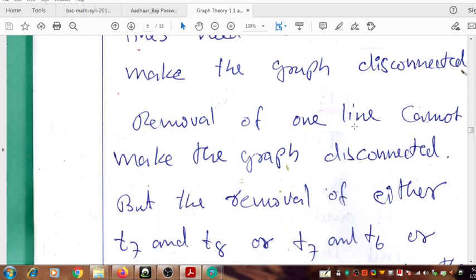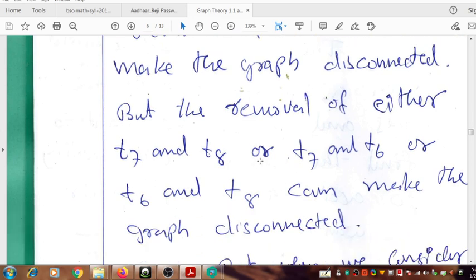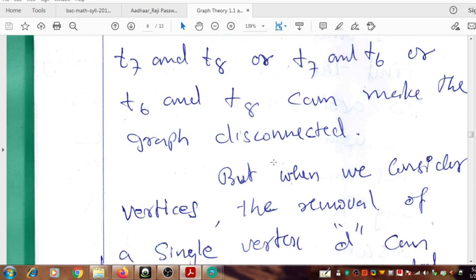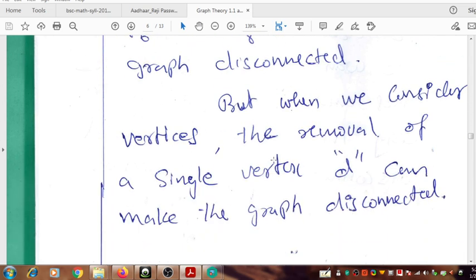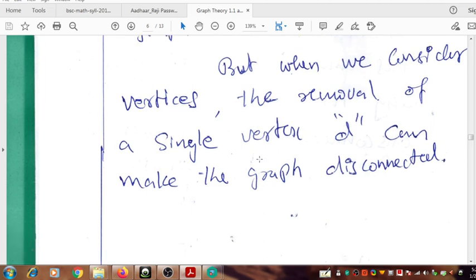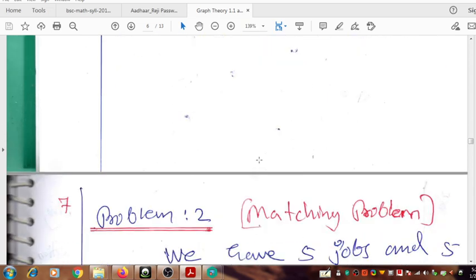Removal of one line cannot make the graph disconnected, but the removal of either T7 and T8, or T7 and T6, or T6 and T8 can make the graph disconnected. But in the case of vertices, the removal of a single vertex D can make the graph disconnected. These ideas I explained in much more detail.